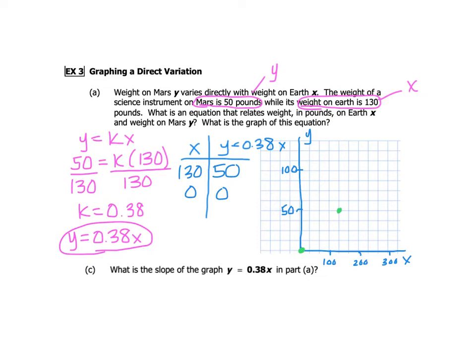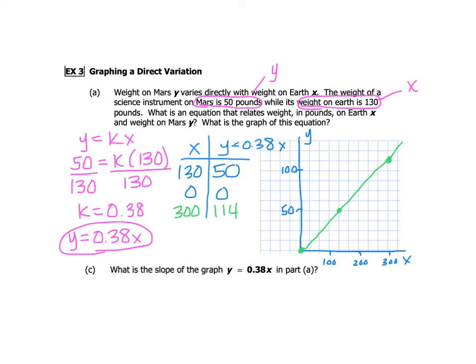And if I wanted to do another point, all I have to do is pick something else for x, which I could pick if I want to, pick 300. 300 times 0.38 gives me 114, and I could graph that one as well. And that'd be up there somewhere. And this gives me enough to draw a nice, straight, direct variation graph.